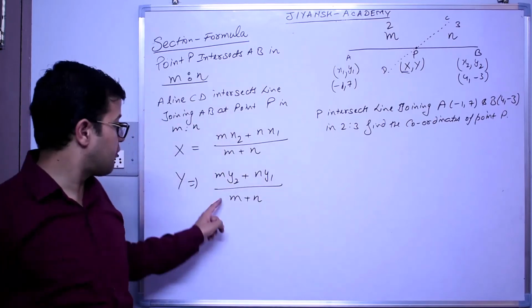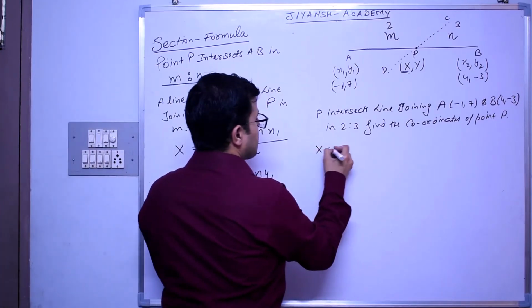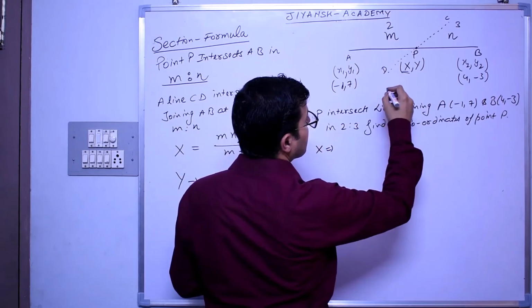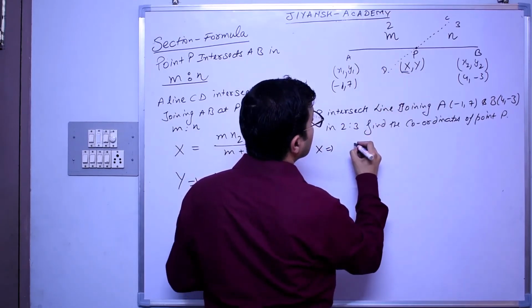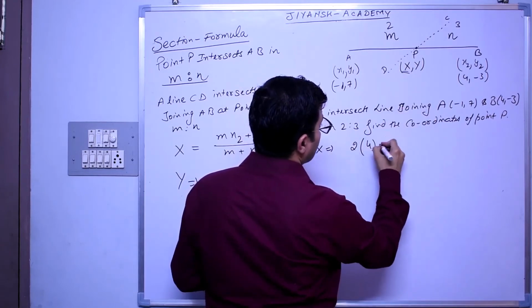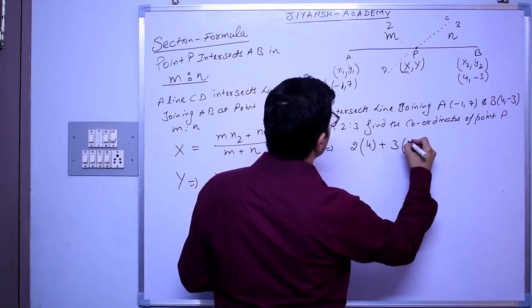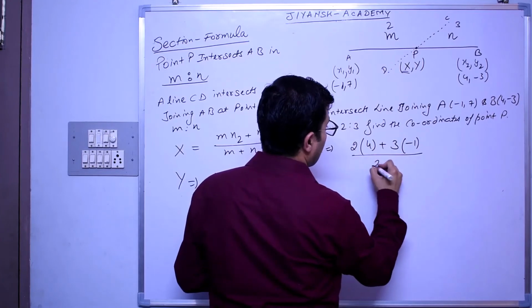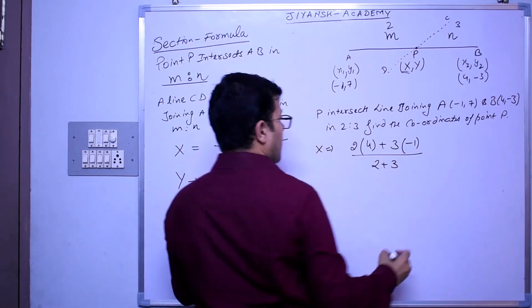Now we'll apply the same formula over here. X is, now m is 2 and n is 3, so this will be m into x2 plus n into x1 over m plus n, right?